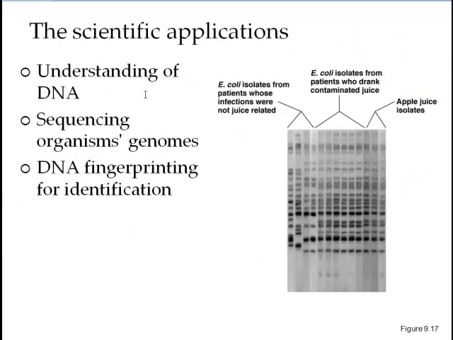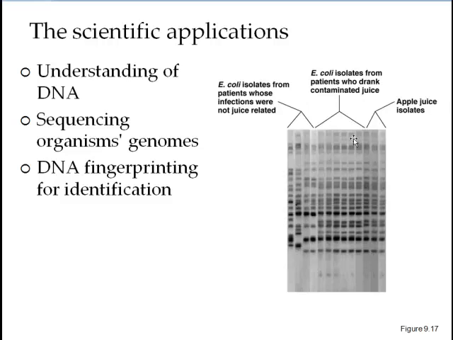The scientific applications for this process would be understanding the DNA sequencing of organisms. For example, here are E. coli isolates from patients whose infections were not juice related. So the first lanes are over here. Then we have the segments from those who drank the contaminated juice, and then we have the apple juice.